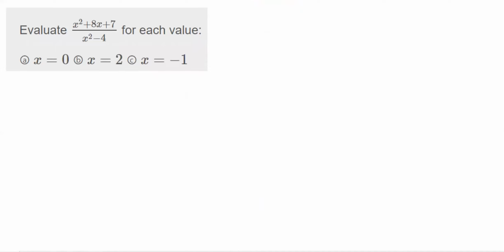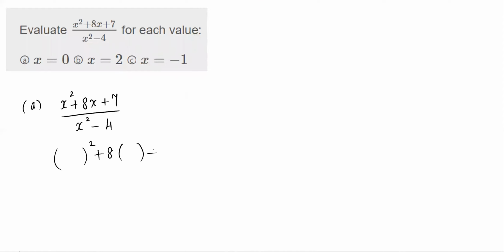Let's focus on the last piece here. x squared plus 8x plus 7 over x squared minus 4, right? So x squared plus 8x plus 7, with x getting a shell everywhere, and that's a minus 4.